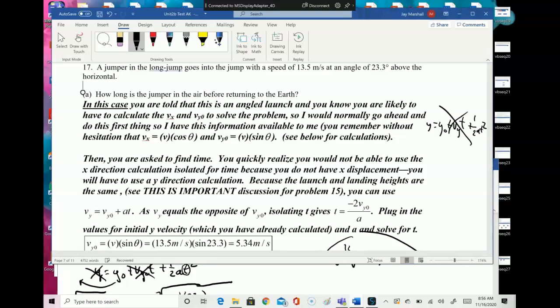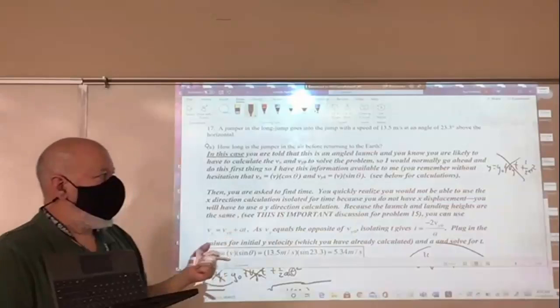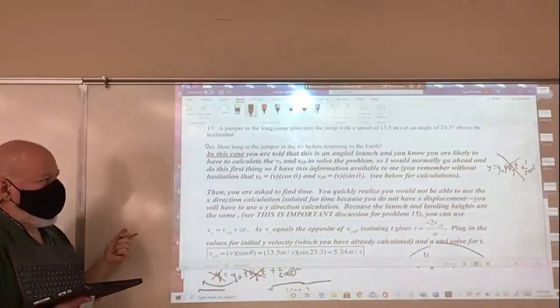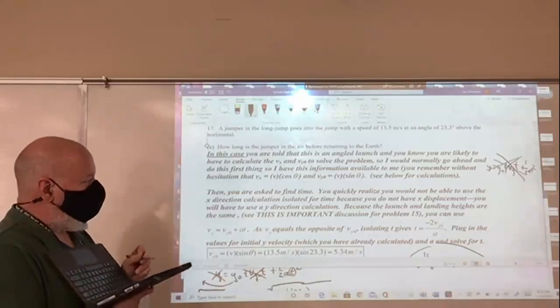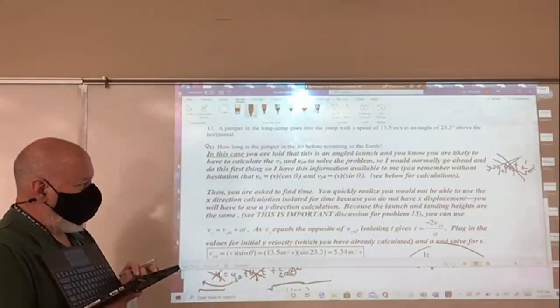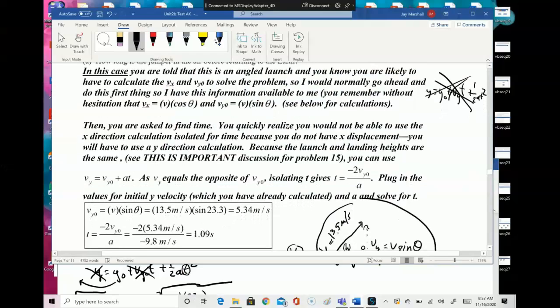I can't use that because Vy0 times time doesn't drop out, okay? And that would mean I would have to solve a quadratic formula to find t, because I would have t and t squared in the same formula, and I don't want to do that. I could, but I don't want to, so we're not going to be able to do that, okay?